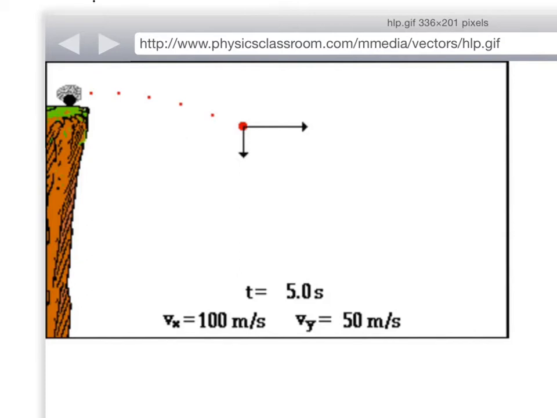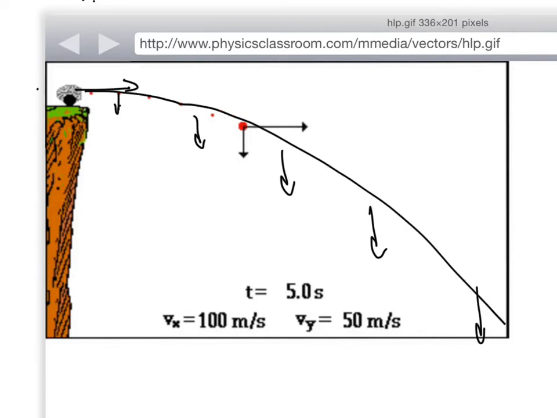Okay, so just to point out what I meant here, the initial velocity here is just x, and then at the beginning we see there's only a small y velocity, but then over time it gets bigger and bigger. Which is what's giving us this parabolic shape throughout the course of the motion.